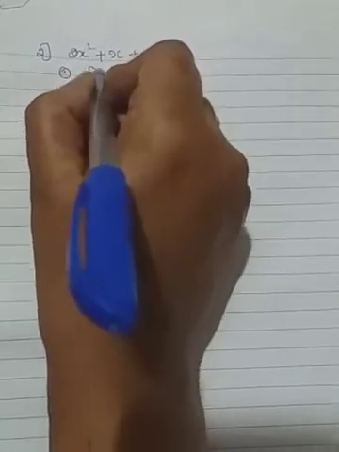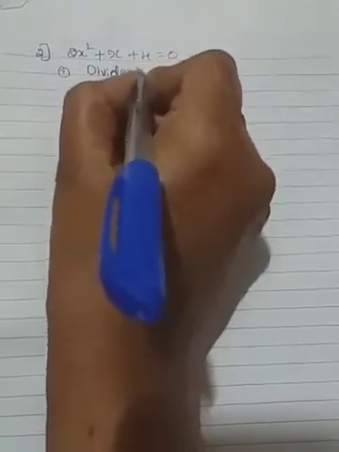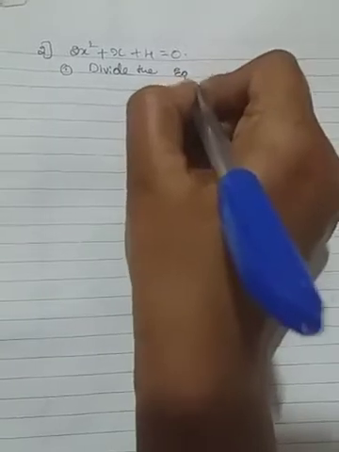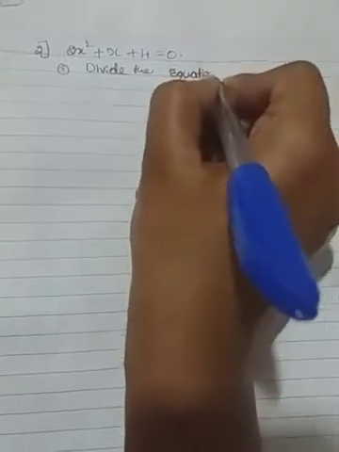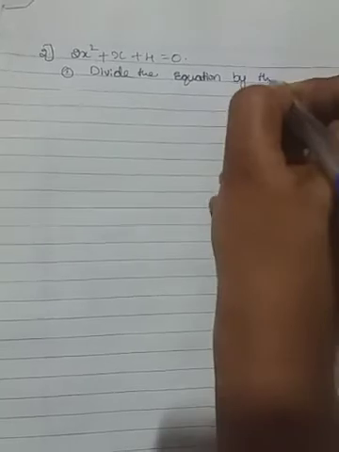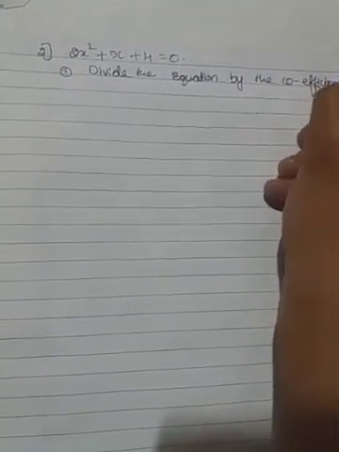So the second sum is 2x square plus x plus 4 equal to 0. Okay, let us do the first step, that is to divide the equation by the coefficient of x square.